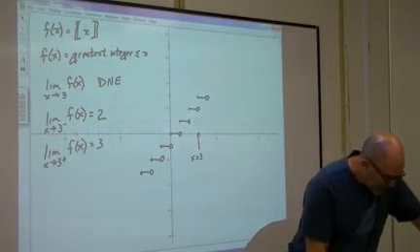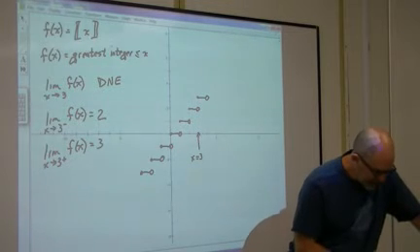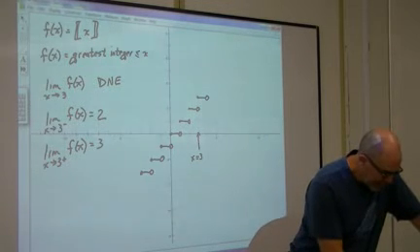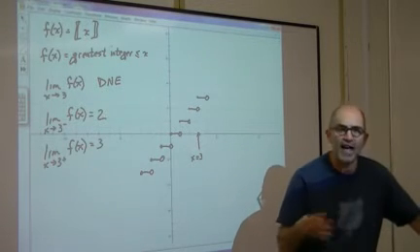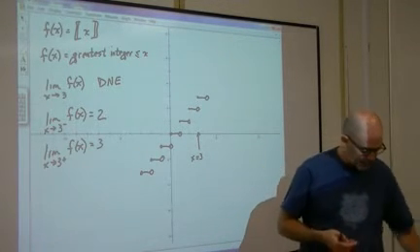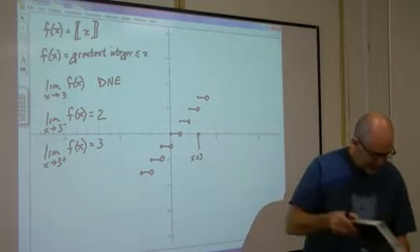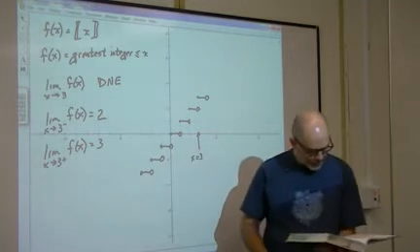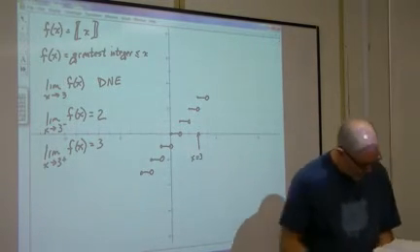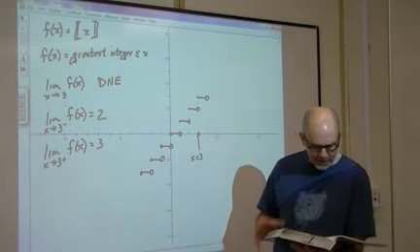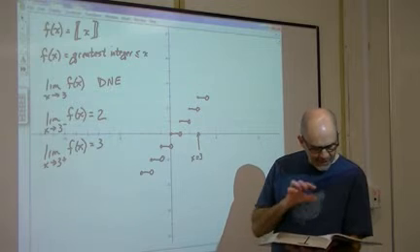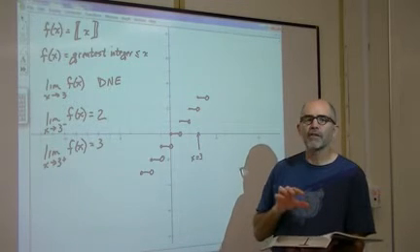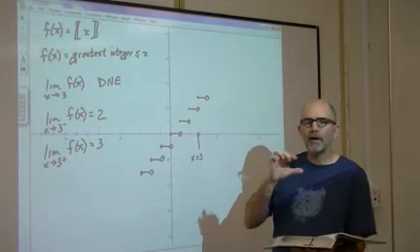Now, the second thing that has to be true is that the limit as x approaches a of f of x is equal to the limit as x approaches a of h of x. So notice h and f are above and below g.